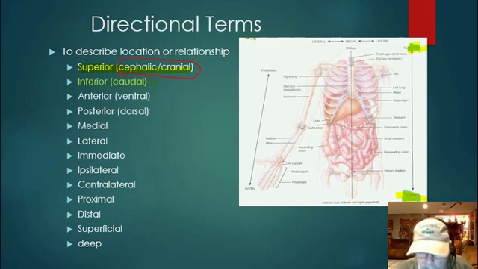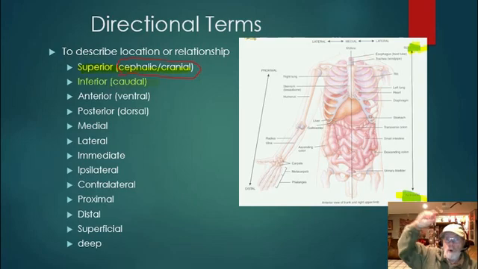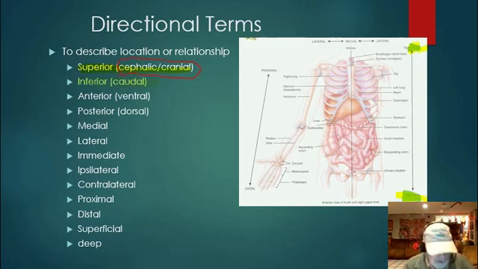Now, to be superior doesn't mean it has to be at the head. It just means it's higher in the body than something else. I could say my head is superior to my neck, which it is. But I could also say that my knee is superior to my ankle because it's closer to the top of the body. I could say my chin is inferior to my nose.